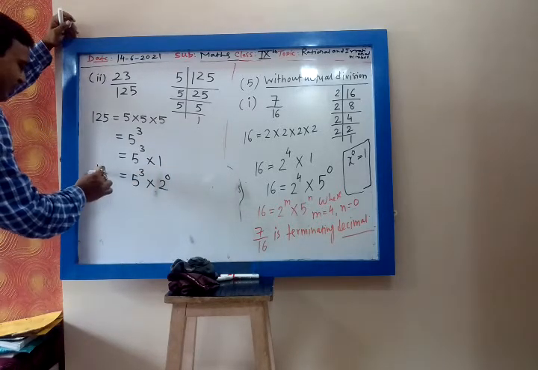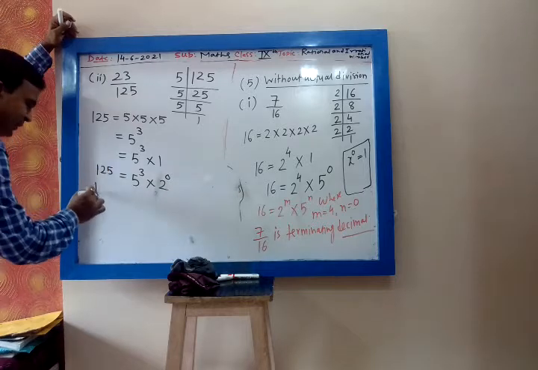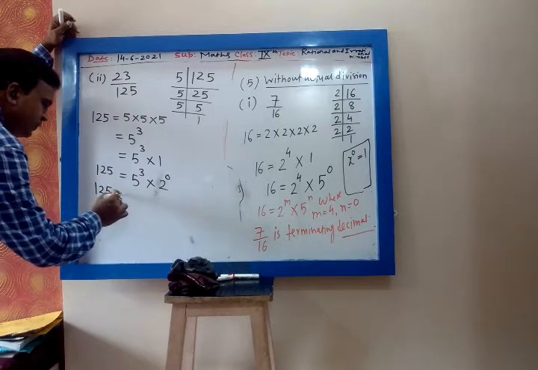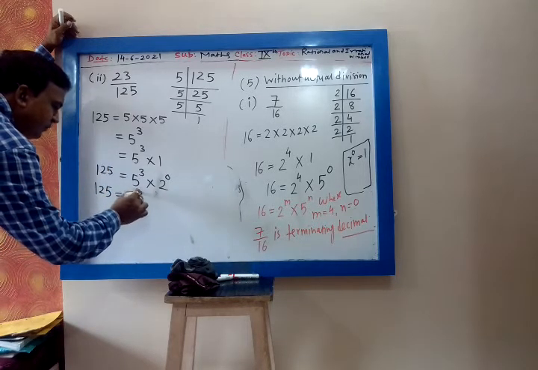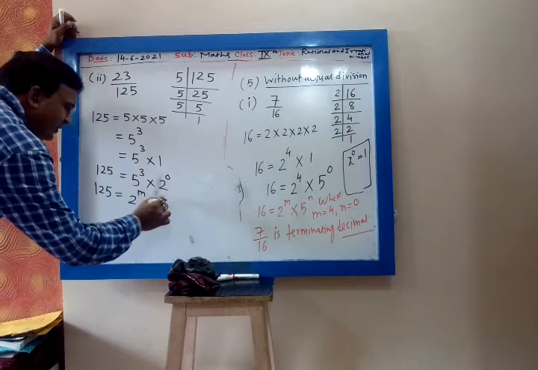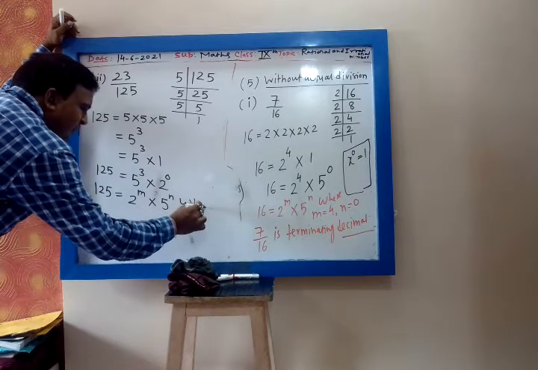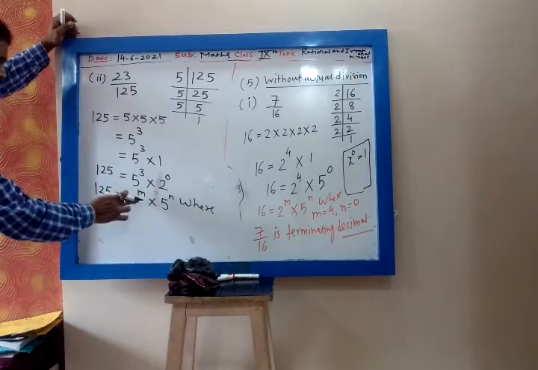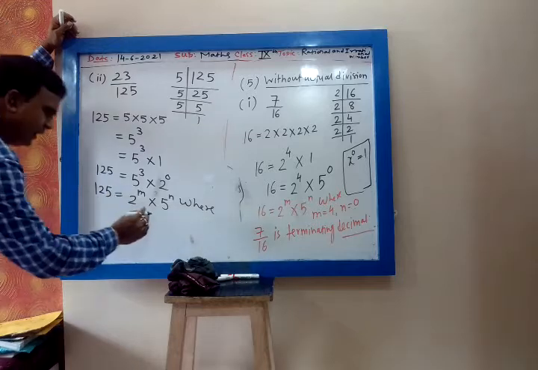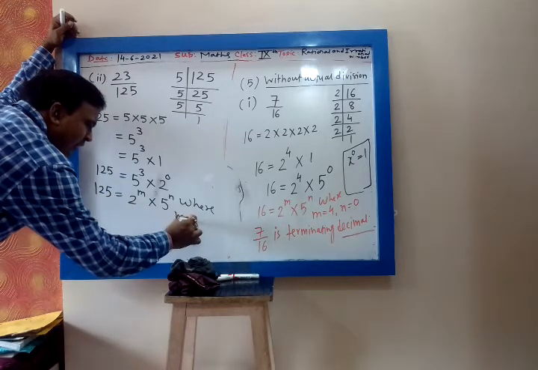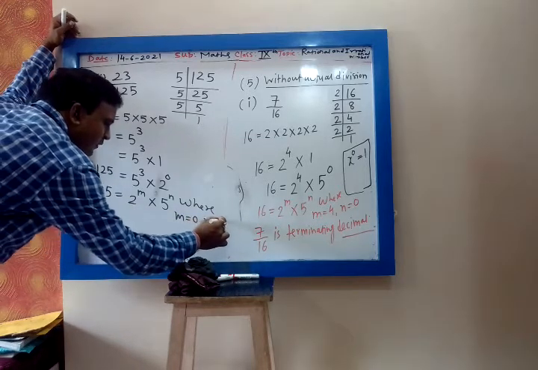So 125 I have expressed in the form of 2 raised to m into 5 raised to n, where m is the power of 2, m is 0 and n is 3.